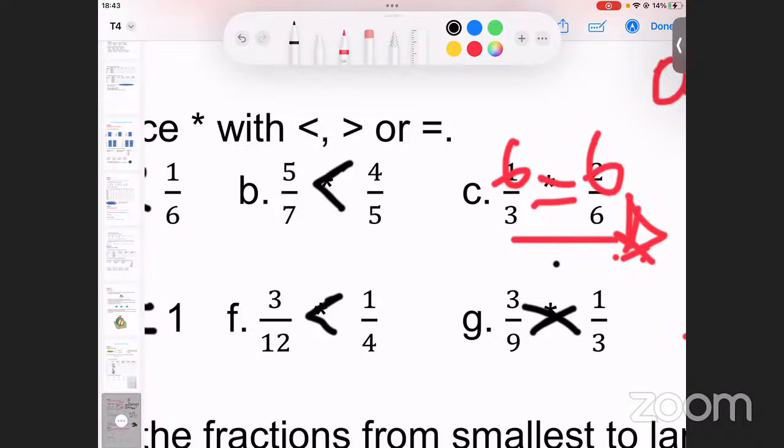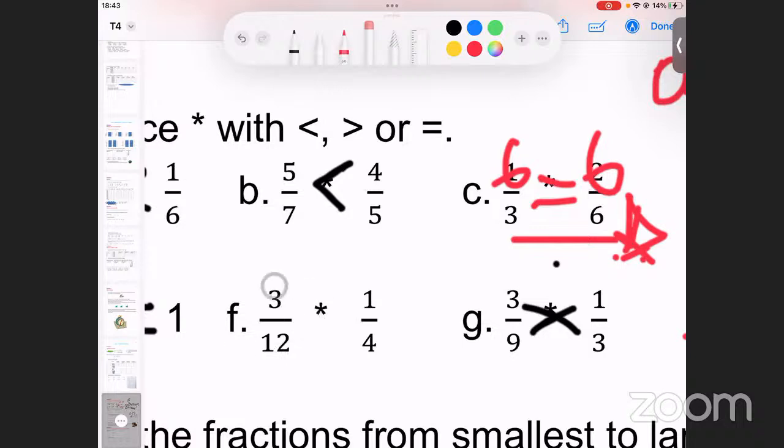So then you realize that both equations are equivalent to 9, meaning they're equal to each other. So 3 over 9 is equal to 1 over 3. Ria, did you understand? Yes. Okay, cool.